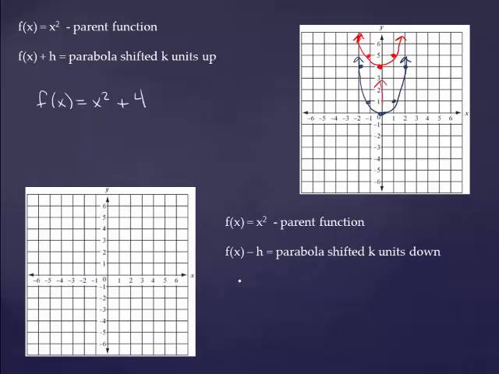If I subtract, so f of x is equal to x squared minus 3, I'm moving 3 units down. Graph the parent function again. And then we'll move 3 units down. Again, our spacing stays the same. Our shape stays the same. We've just shifted down.